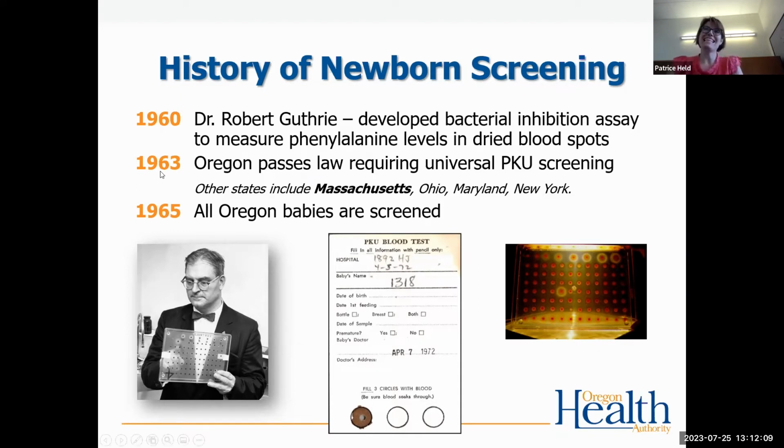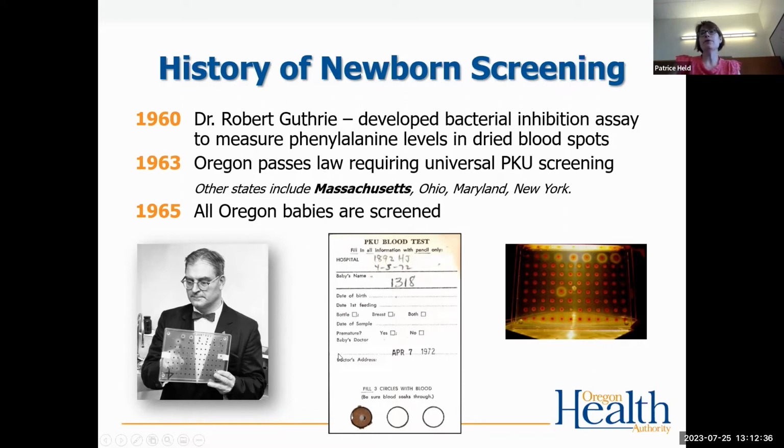In 1963, 5 states, including Oregon, passed laws that required universal screening for PKU. I highlight Massachusetts here because not only did Massachusetts pass the law, but they also initiated screening for all babies. It wasn't until 1965 that Oregon was able to achieve screening for all babies born in the state.